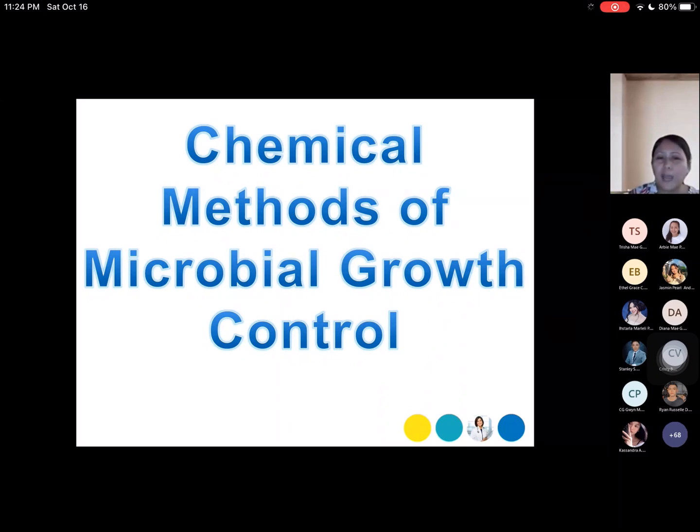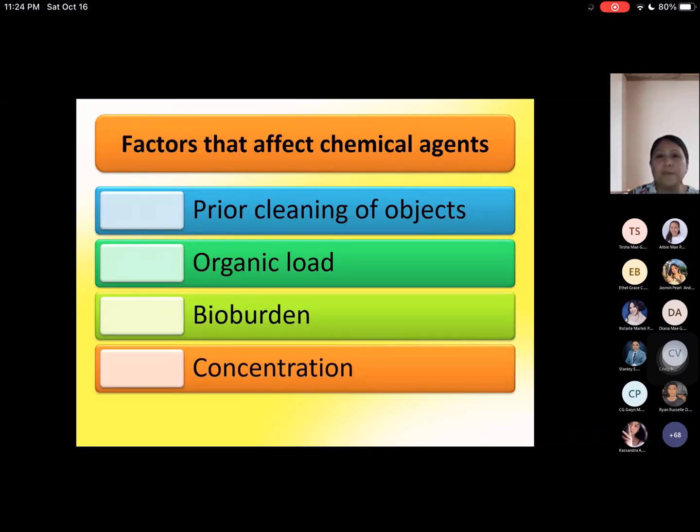For the chemical methods, there are certain factors to be considered whenever chemical agents are used. First, prior cleaning of objects. When you say prior cleaning of objects, you are to remove unnecessary material.